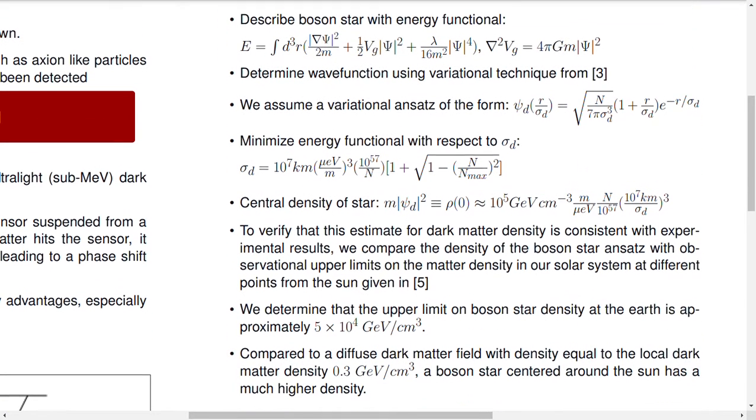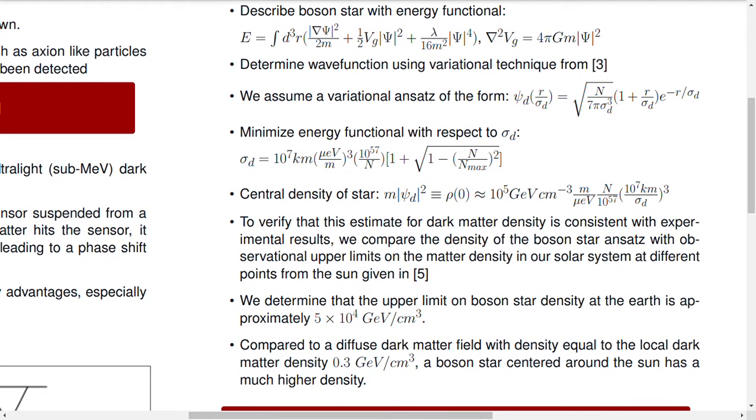Now, to verify that this estimate for dark matter density is consistent with experimental results, we compare the density of the boson star ansatz with some observational upper limits on the matter density in our solar system. We determine that the upper limit on boson star density for a boson star centered around the Sun is approximately equal to 5 times 10 to the 4th GeV per centimeter cubed.